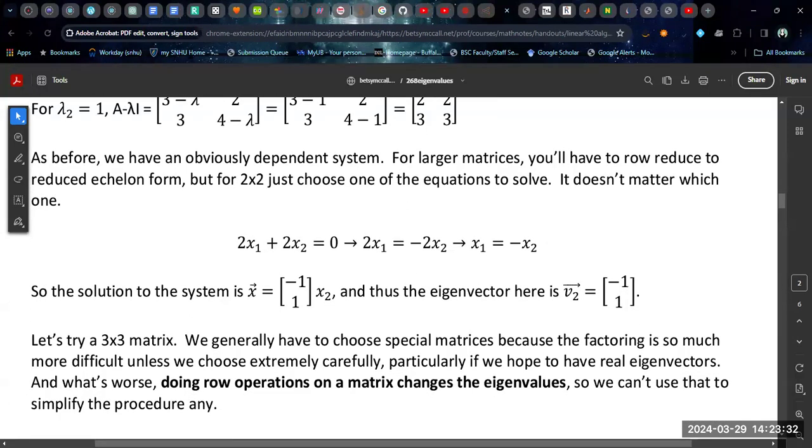Again, any multiple of this vector is fine. So these are often referred to collectively as eigenpairs because the eigenvalues and the eigenvectors go together. So you would have to specify lambda 1 equals 6, v1 equals 2, 3, and then lambda 2 equals 1, and v2 is equal to negative 1, 1. We usually use the same subscript for them to indicate that they go together because they do go together in pairs.